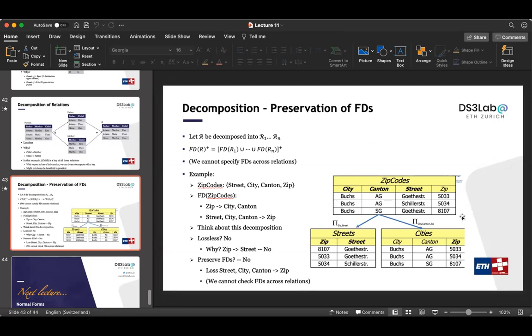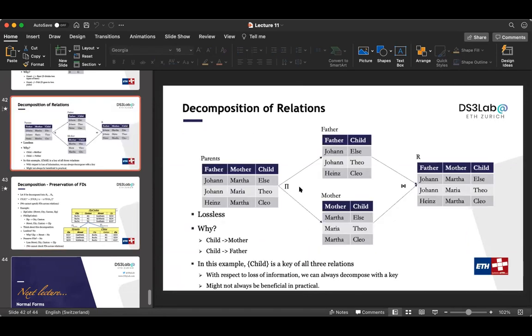Correct. But then you told me that in the general case, we have to think of the bigger picture, like how it would be modified after that. It could lead to a decomposition that is not lossless. Is it correct? Yes, I remember so. Then let me go back to this slide.